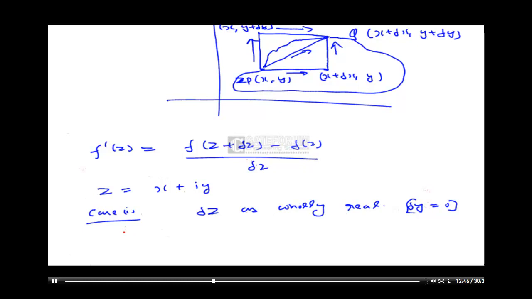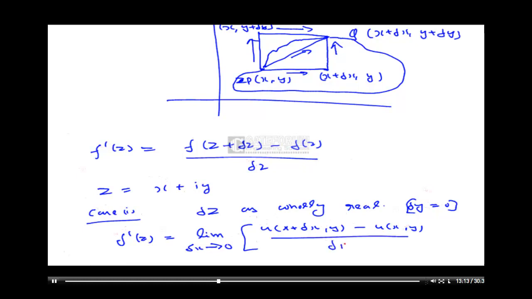That means this time I can write f dash z is equal to limit delta x tending to 0, now comes a real function u of x plus delta x comma y minus u of x comma y upon delta x.